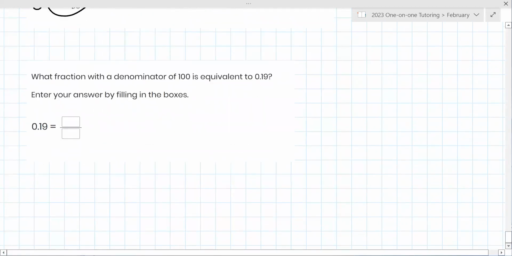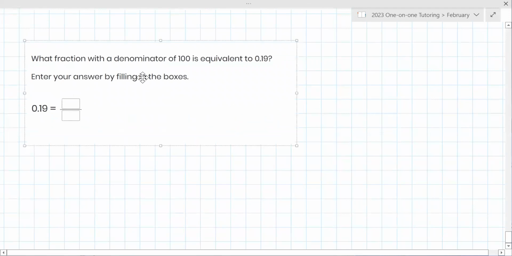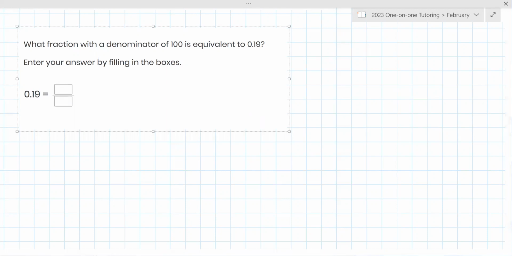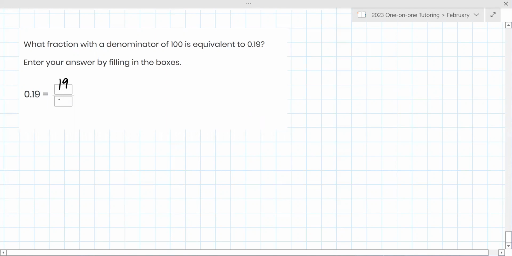Okay, let's take a look at this one here. What fraction with the denominator of 100 is equivalent to 0.19? What goes in the top? What goes in the bottom? Okay. So 19 goes on the top and the bottom goes 100. See, that's the denominator of 100.